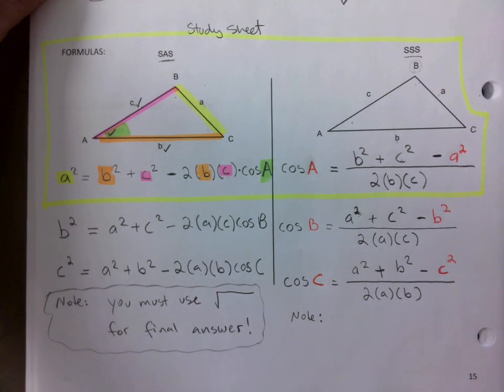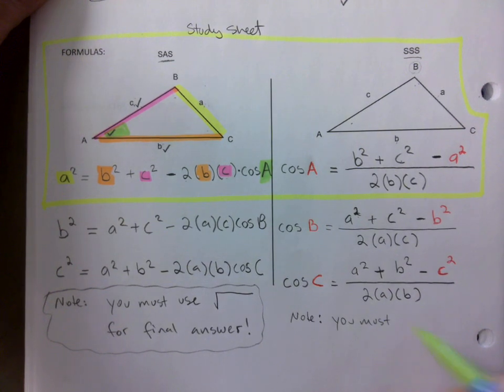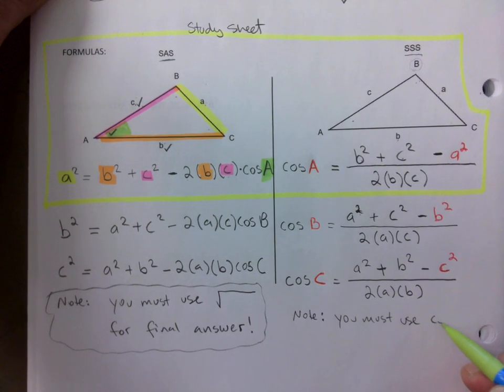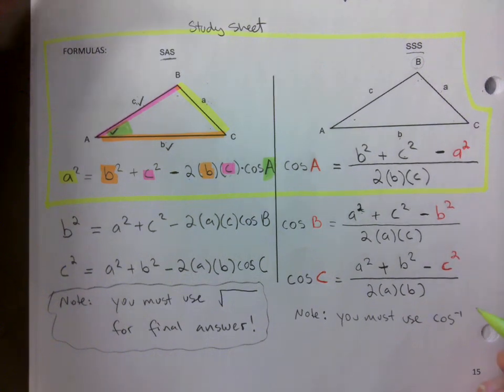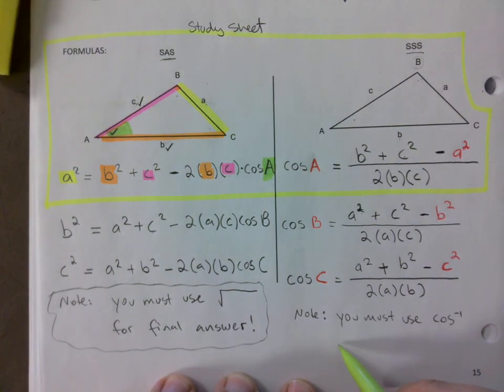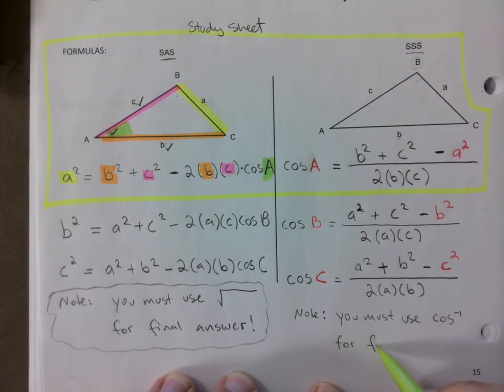Note for this side. We used to use sine inverse for angles, right? What are you going to use here? Cosine inverse to figure out the angle here. So you must use cosine inverse for final answer.